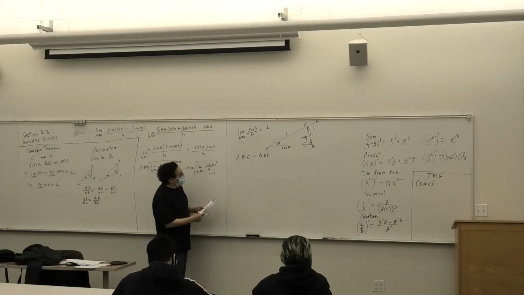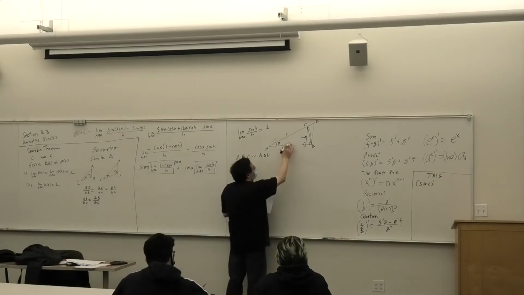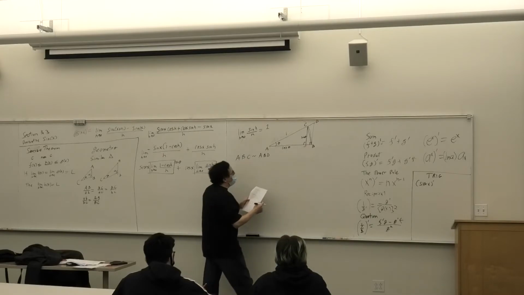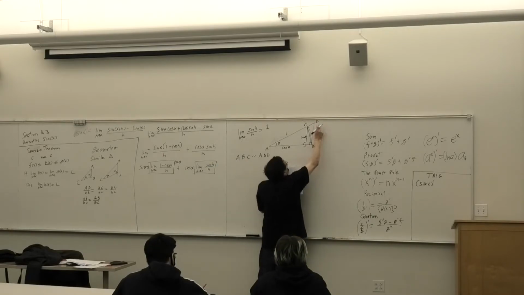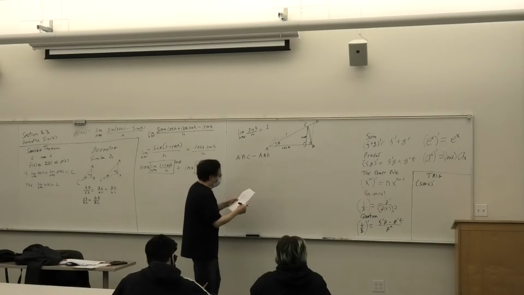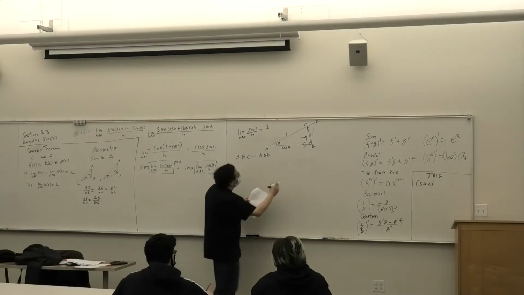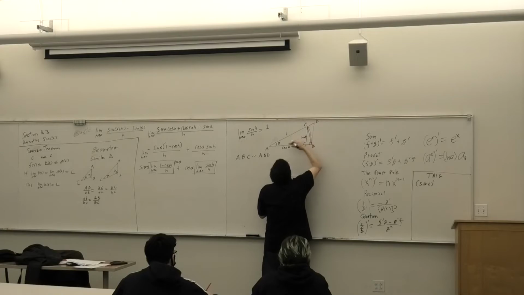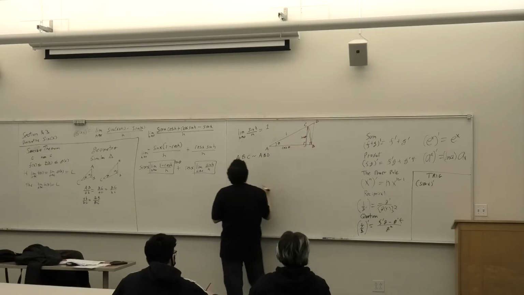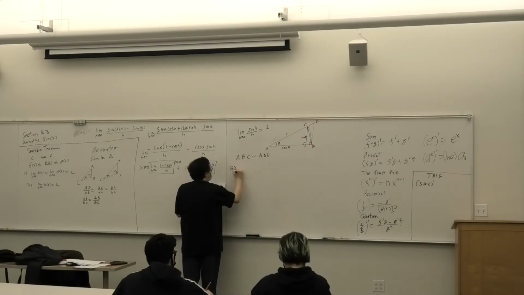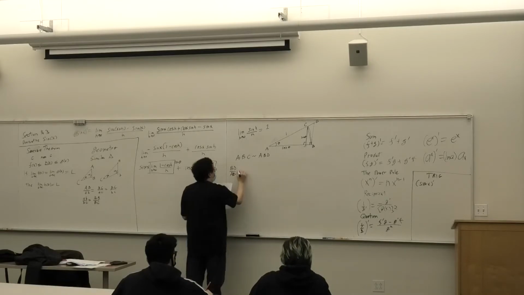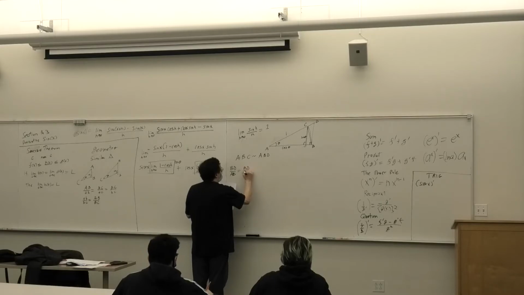So we can set up a ratio here. We're going to set up BD over AB. Well, that's BD over 1, right?